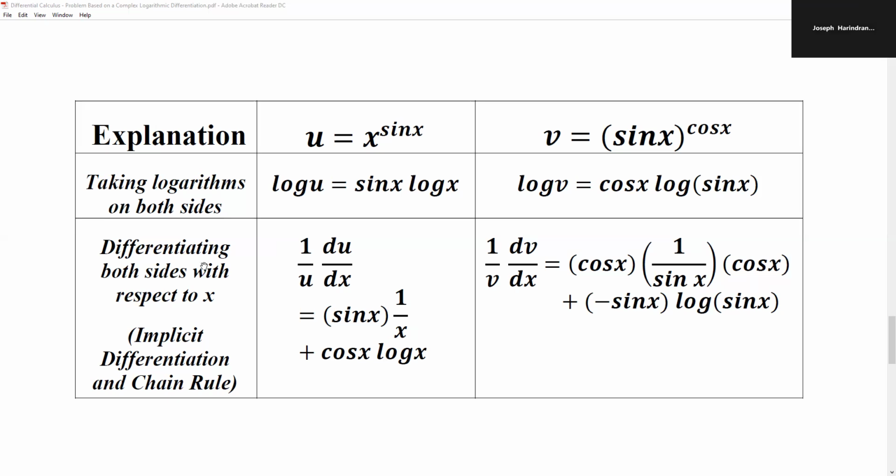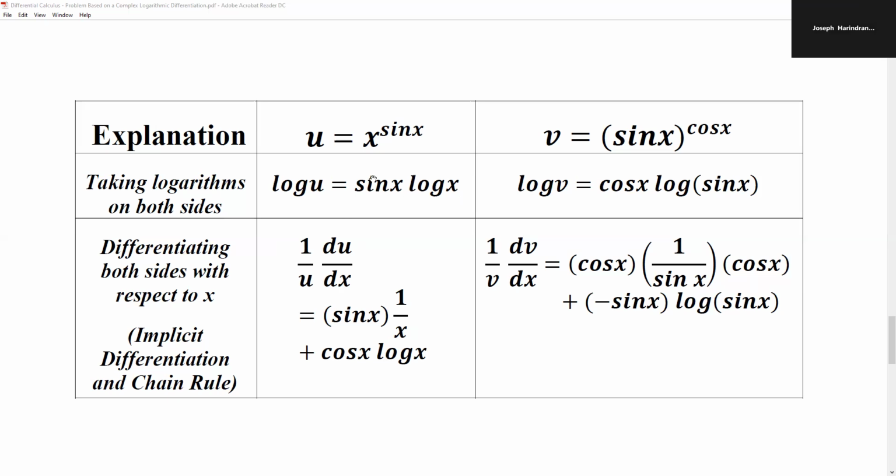Then, we differentiate both sides with respect to x using implicit differentiation and chain rule. Implicitly, we take u as a function of x. So, when you differentiate log u, you'll get 1 by u into du by dx, since u is a function of x. That is equal to the right-hand side.